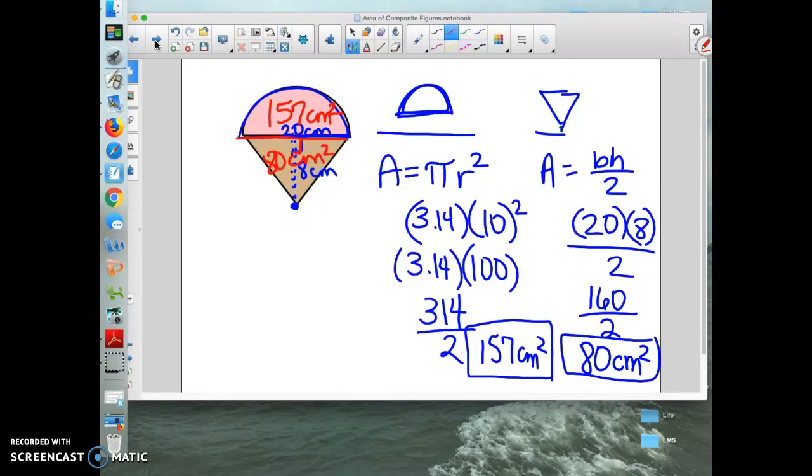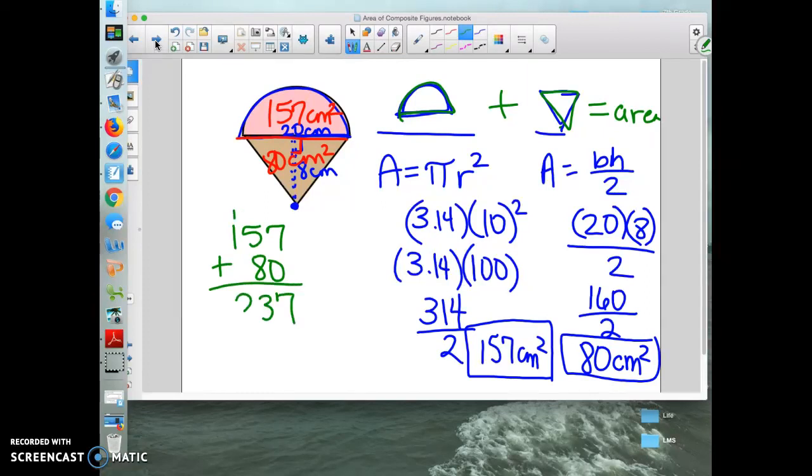If I wanted to know the area of this shape, I would add the areas together. So the semicircle plus the triangle will equal the area of the composite shape. That's 157 plus 80, which will give you 237 centimeters squared.